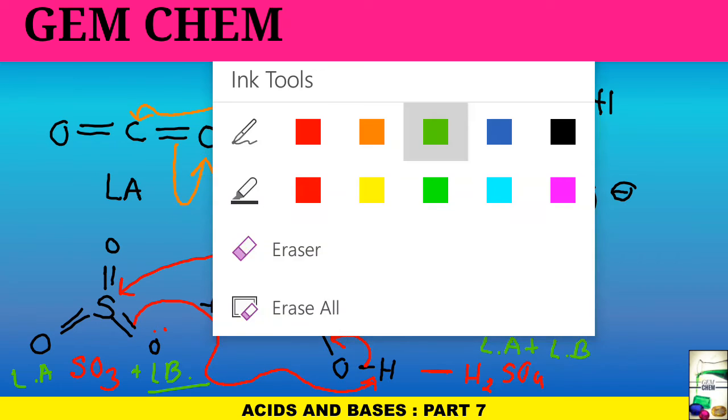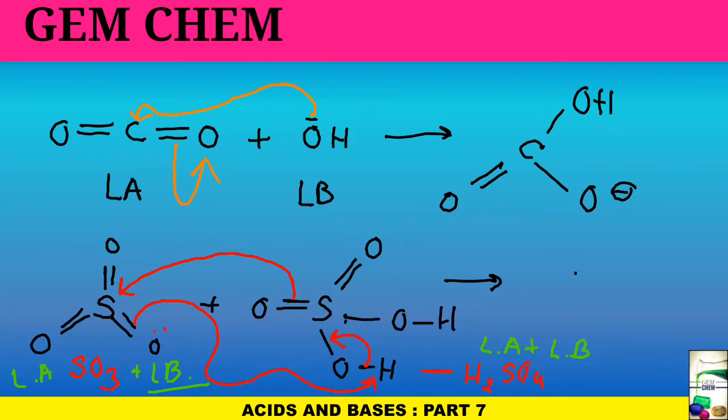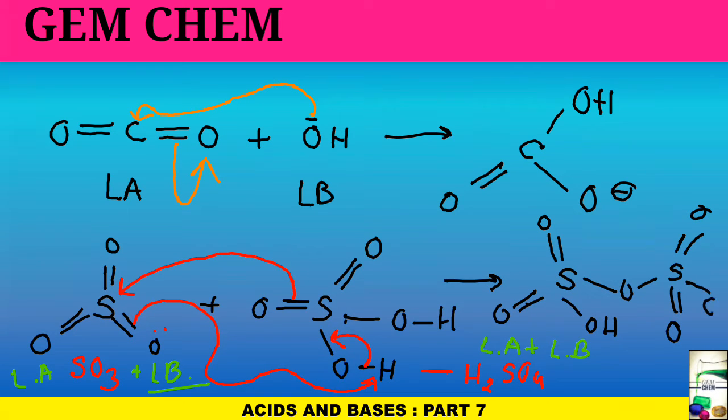And what we ultimately get is oleum, which looks like this: S double bond O, double bond O, OH, oxygen, S double bond O, double bond O and OH. This compound is known as oleum, and this is also a kind of Lewis adduct.